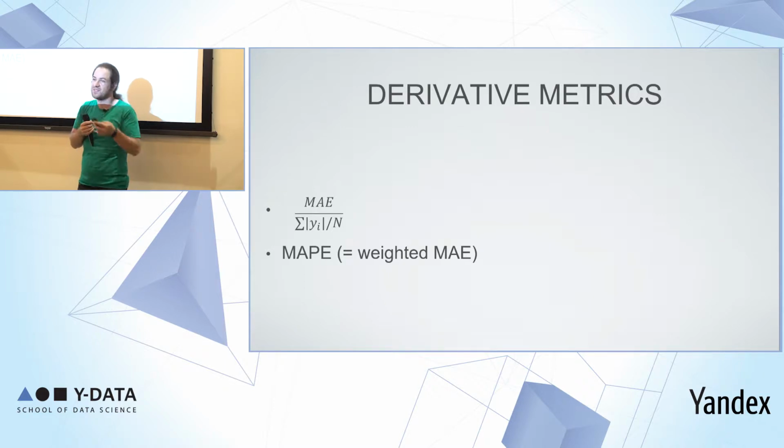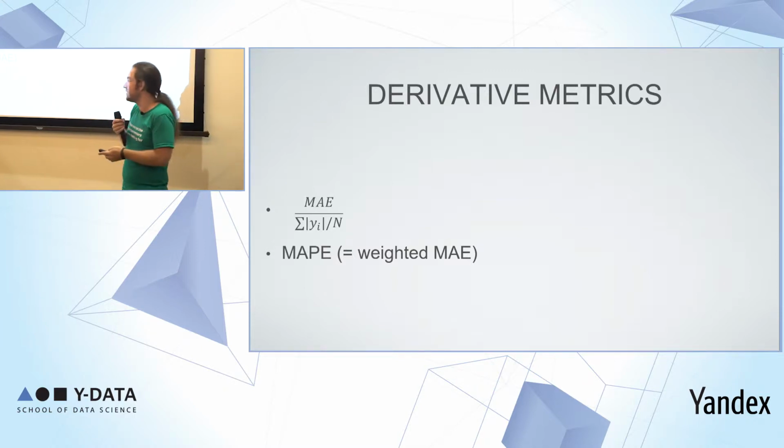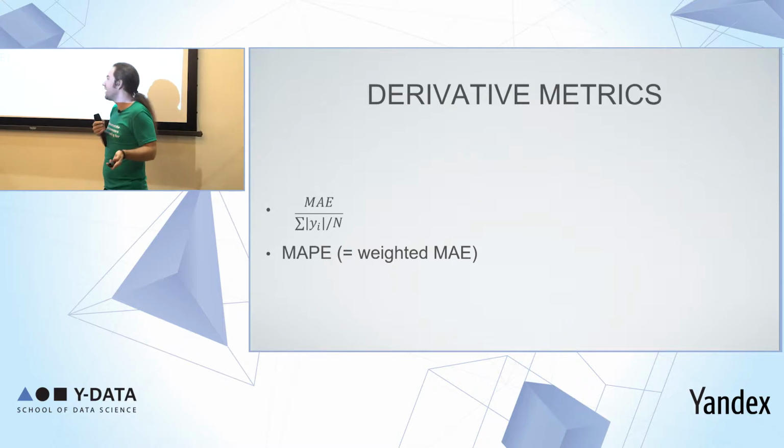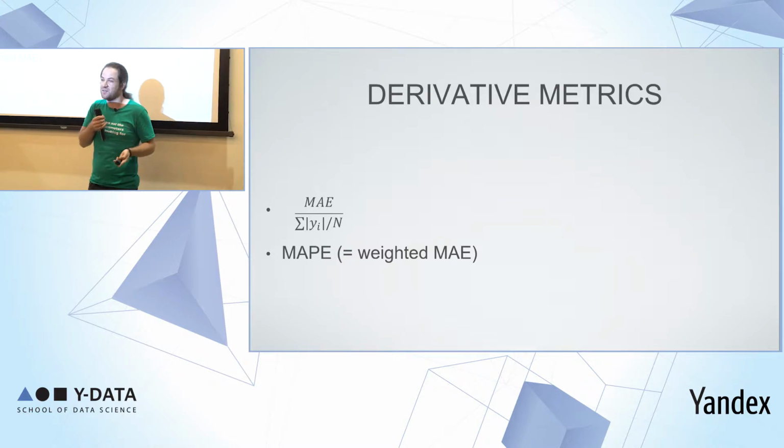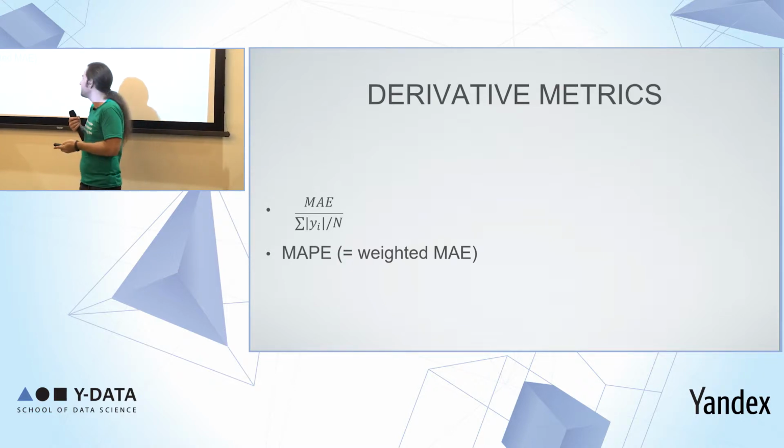If we have some data set and we're trying to measure this error, we try to normalize it by the mean target. In this case, if you have a model which just predicts zeros, we will have exactly an error of 1. And if you have a perfect model, the error is 0. So it is easier to understand what this means.